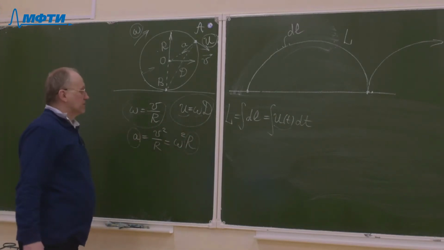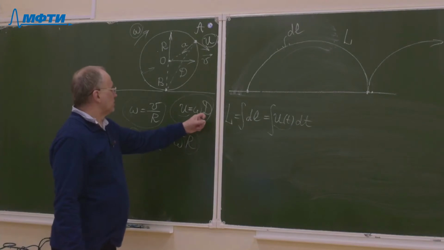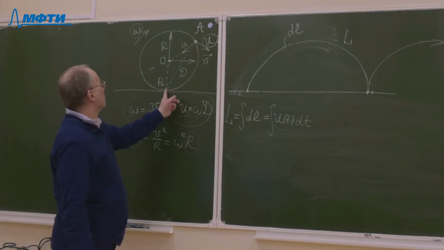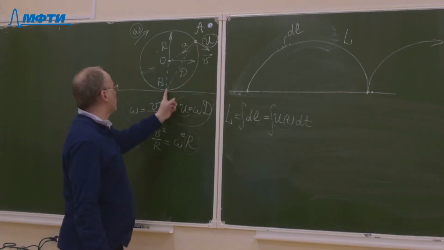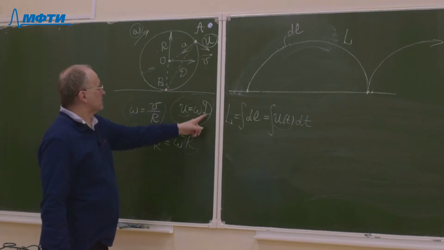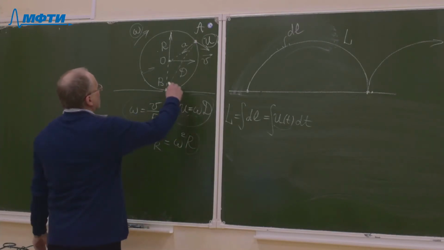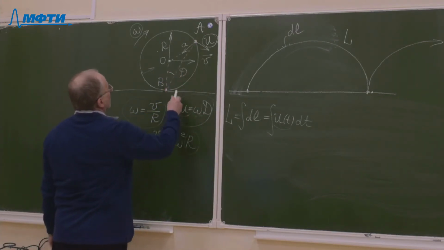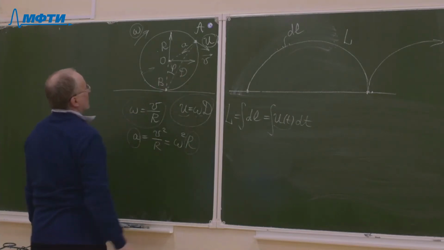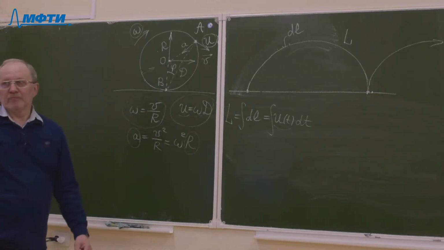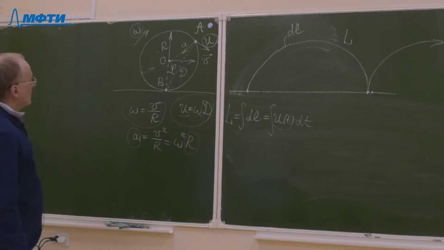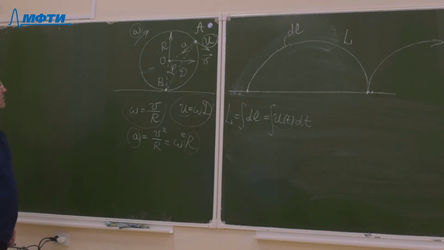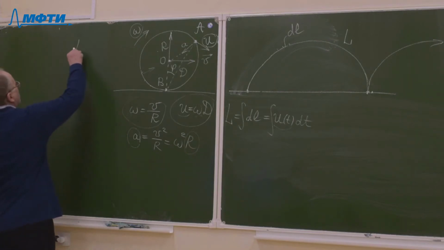The radius of the wheel is the same. And what I need to know is the distance between point A and point B, the distance d. The distance can easily be calculated if I know this angle phi.